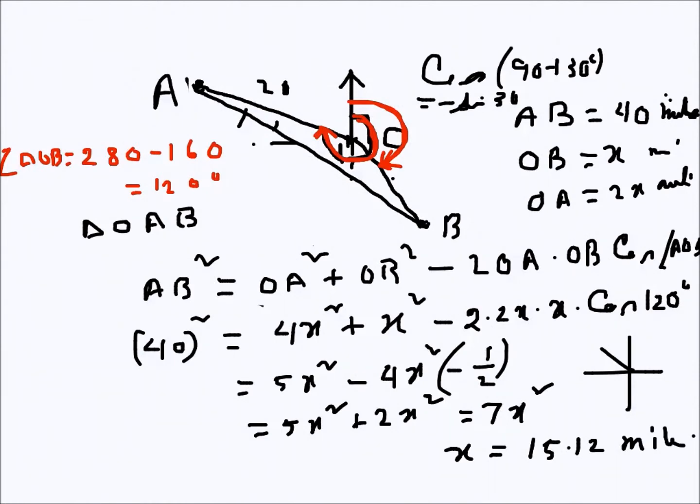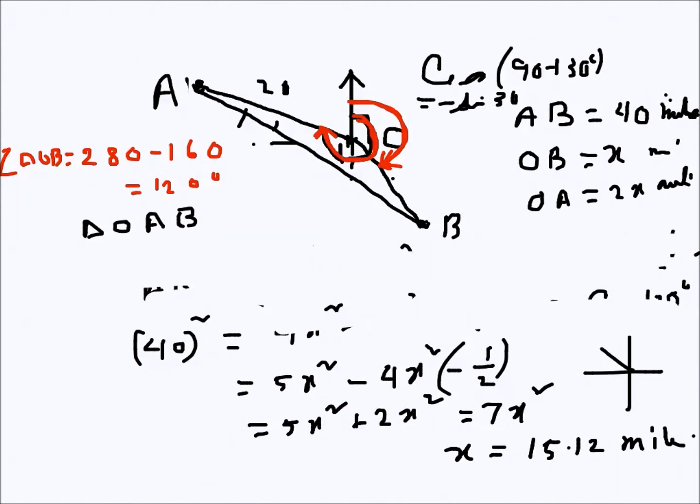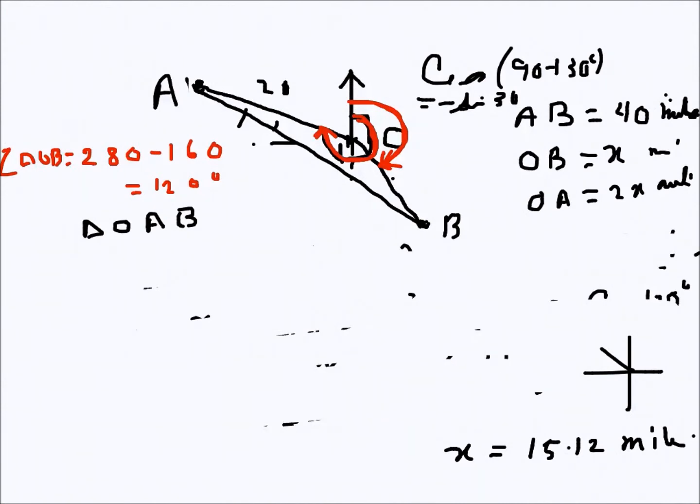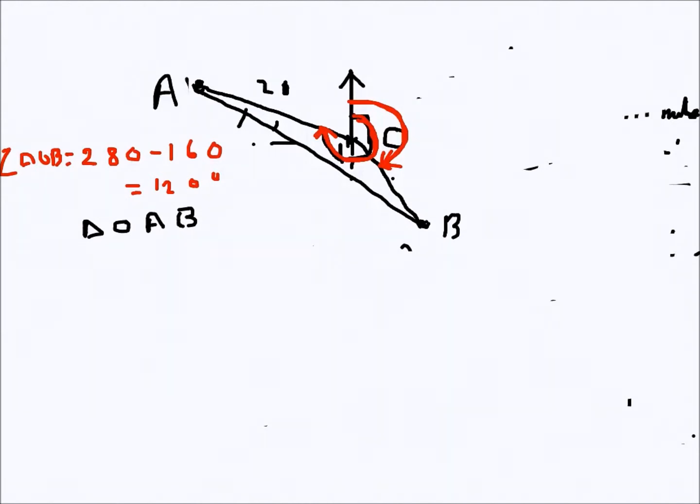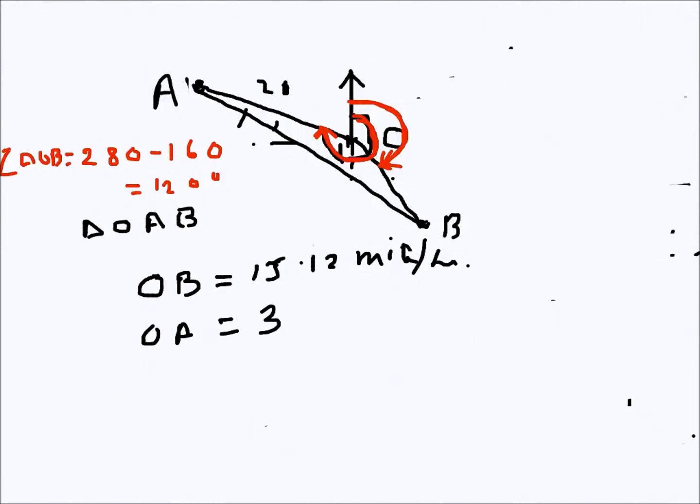Okay, I will erase a few parts. So I have this speed: the speed of OB is 15.12 miles per hour, while the speed of OA will be just twice of that, so that's 30.24 approximately miles per hour.